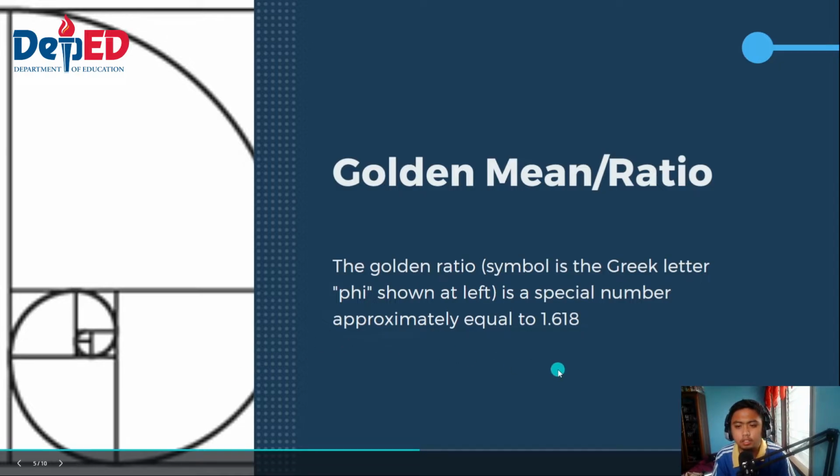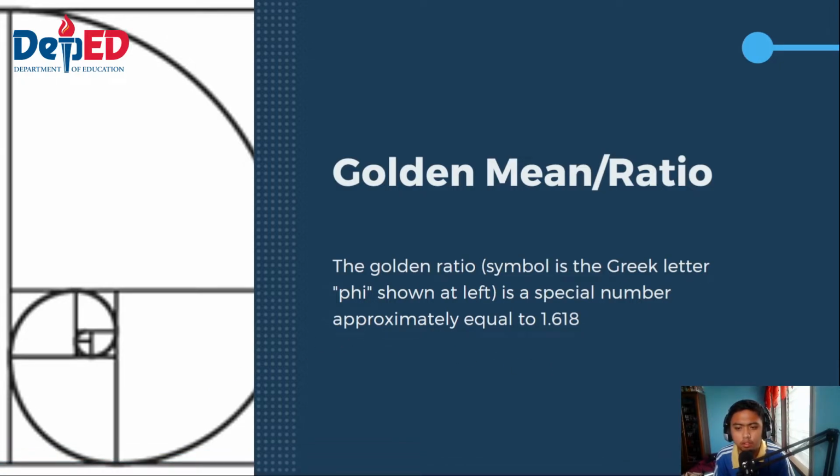So the first thing to consider, and these are just two of the things that you might consider, is the golden mean or ratio. The golden ratio or the golden mean symbol is the Greek letter phi. It is a special number approximately equal to 1.618.